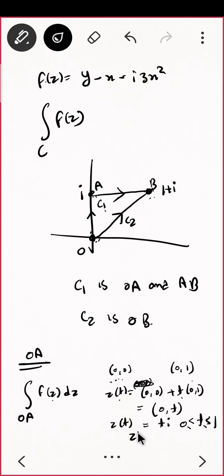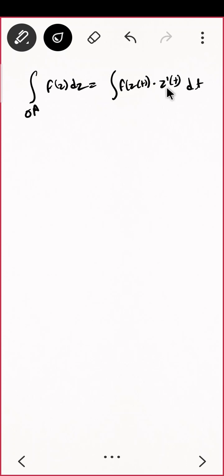What is z dash of t? It will be just i, correct? And let us write in the formula. What is the formula? The integral over OA of f of z dz will be equal to the integral of f of z of t multiplied by z dash of t dt, where t is between 0 to 1. So what is f of z of t?